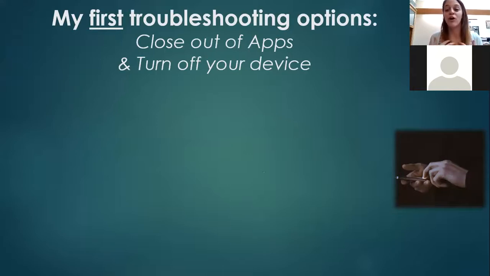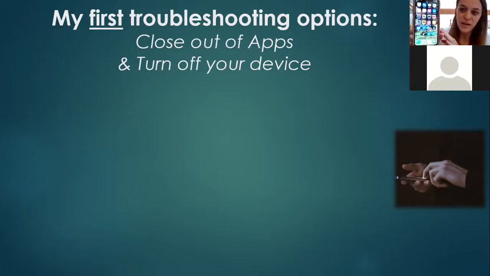I like to call that a little glitch. So the first thing I would suggest is to close out of apps. Your phone, whether you have an iPhone or an iPad, has an option to clean out basically whatever's going on that it's trying to function right now.